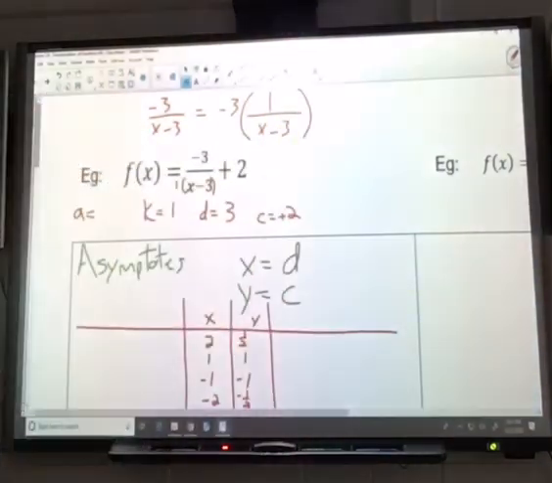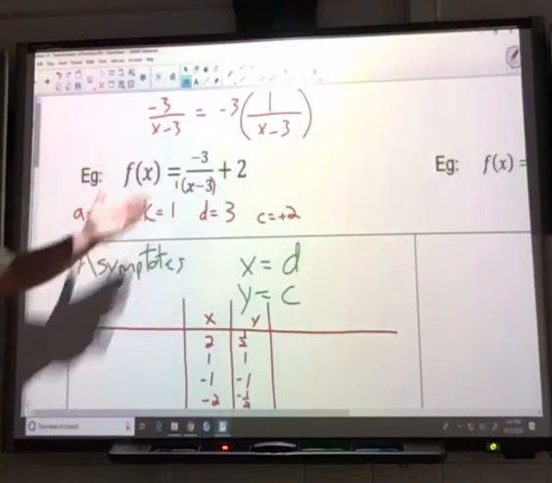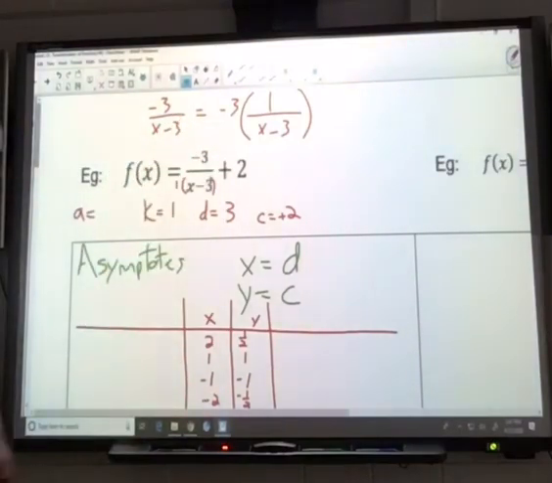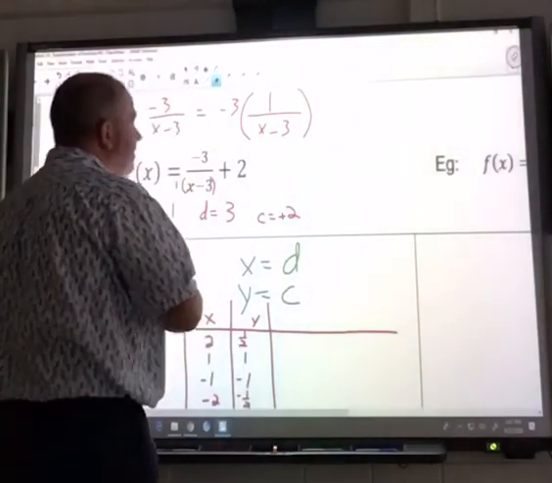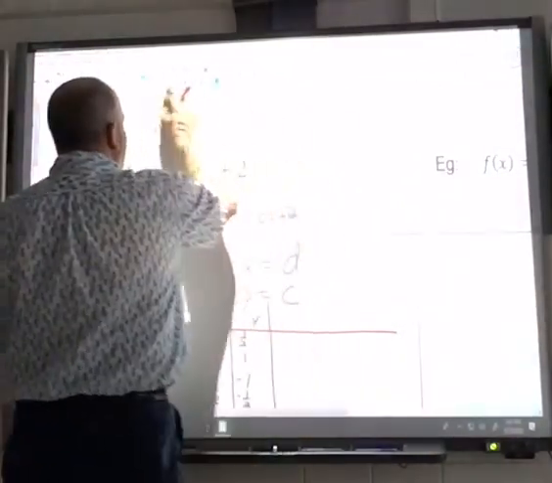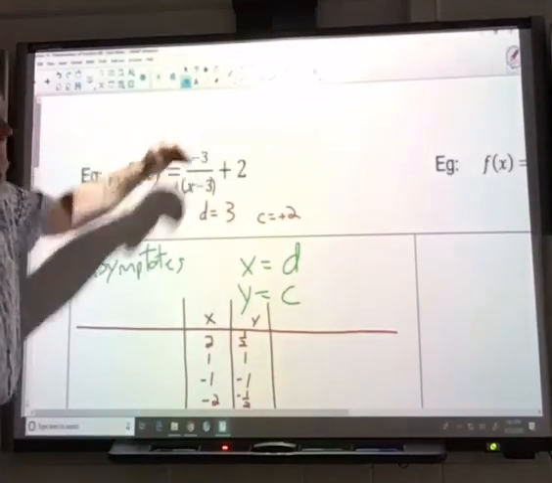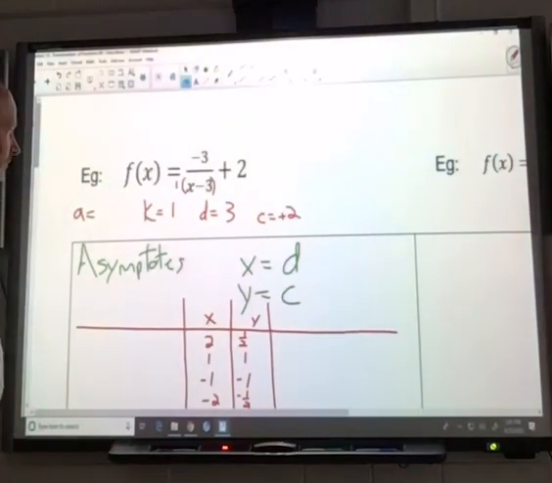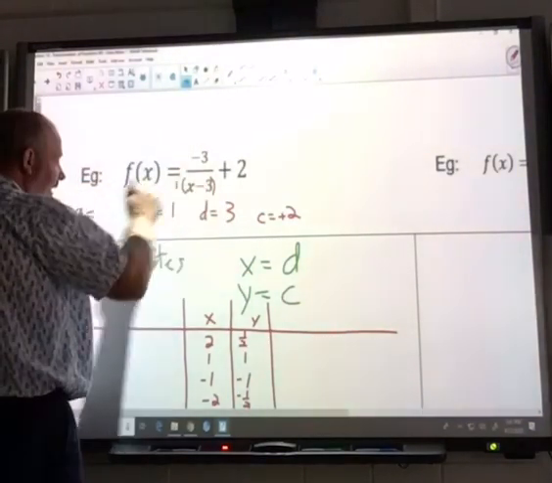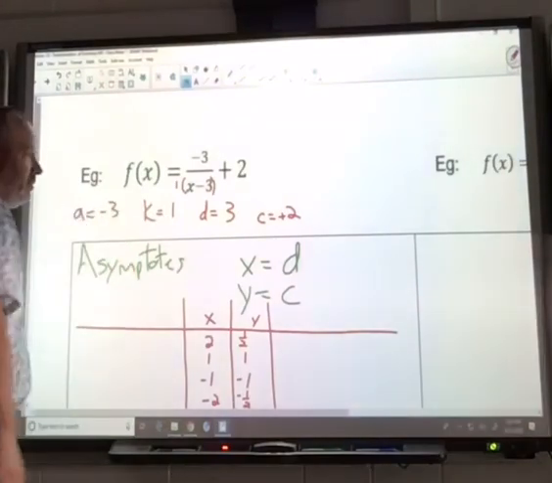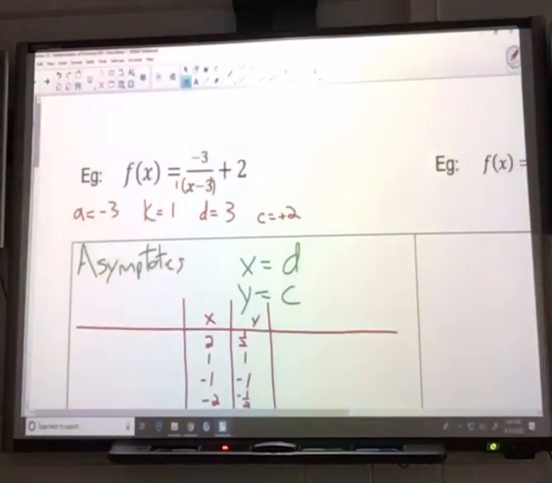And if you can see it a little bit more clearly like that, then you can see that the A value is -3. But if you ever really want to find the A value for a reciprocal function and you want to memorize it as a general rule, it's in the numerator of the fraction. The numerator of the fraction is the A value. Okay? So there you go.